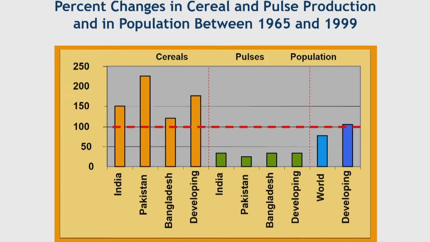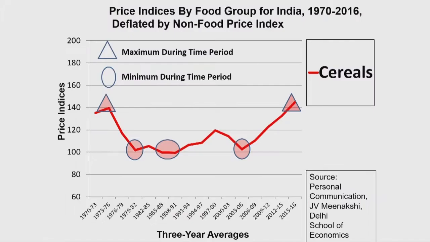So what happens to food prices, given that kind of pattern? These are some data for India, and this is cereal prices, rice and wheat prices in India. You can see that they started at an index of 140 in the early 70s, and because of the Green Revolution, the huge supply increases, the prices fell by 40%.